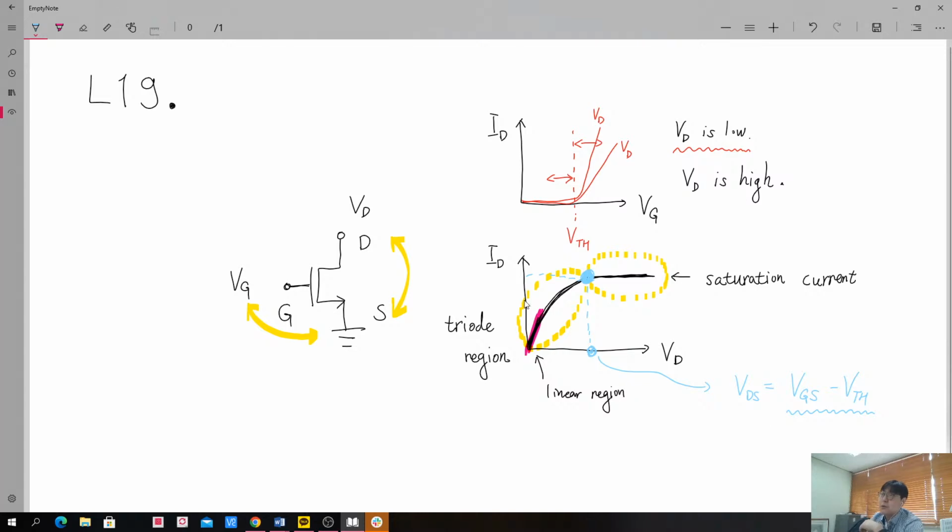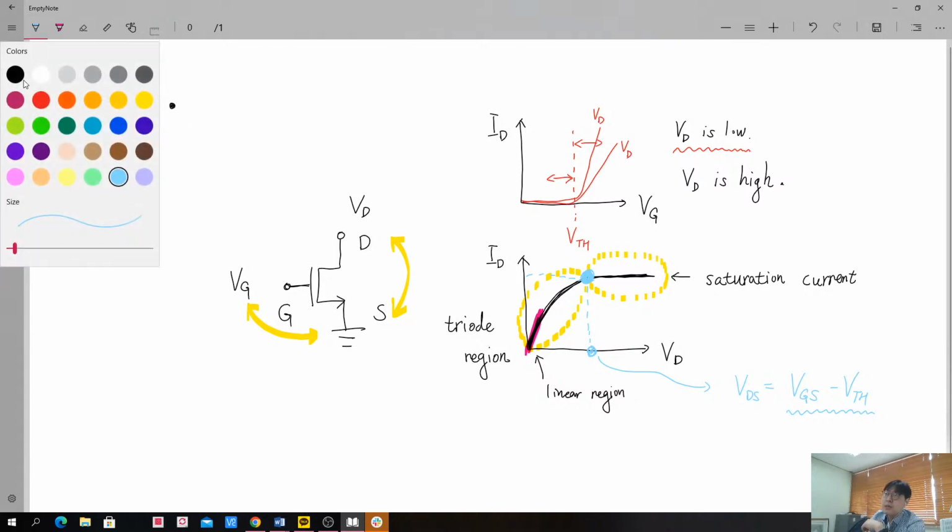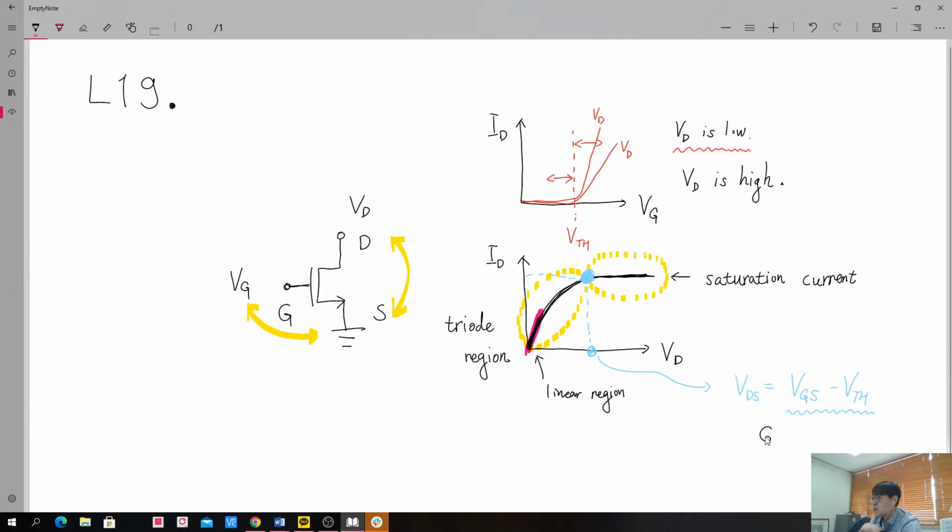So it has its own name, and we call it gate overdrive voltage.